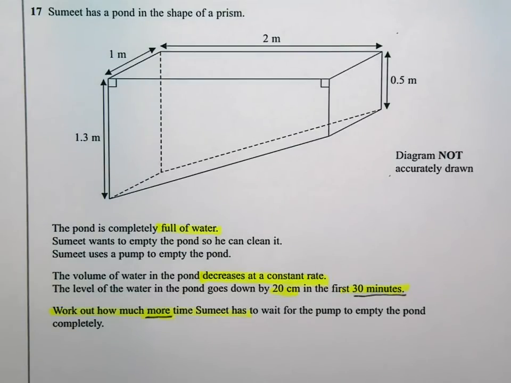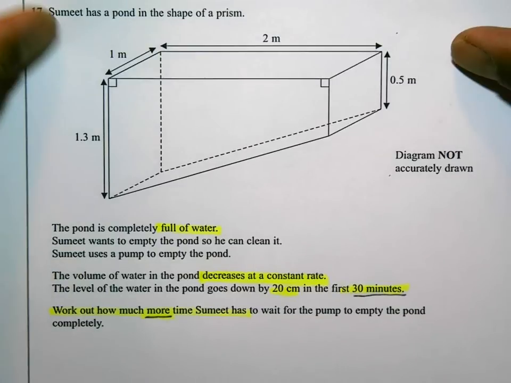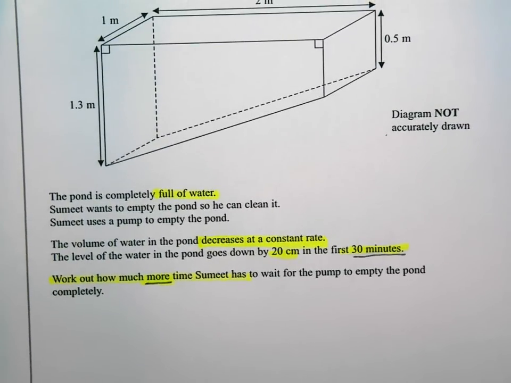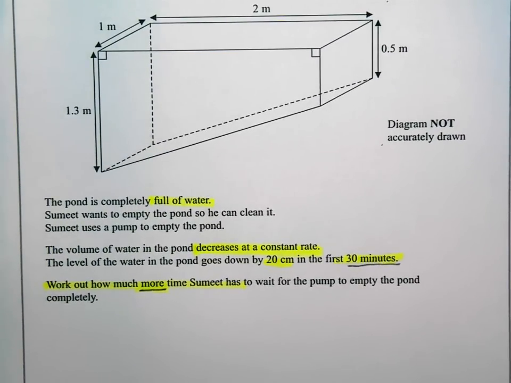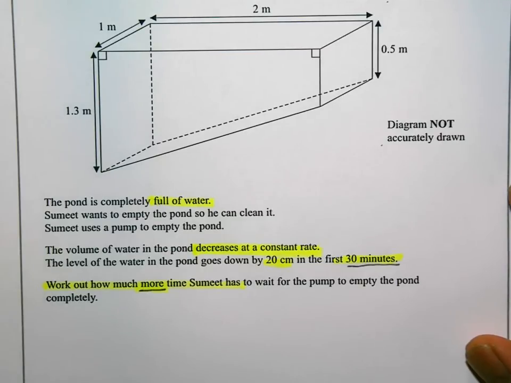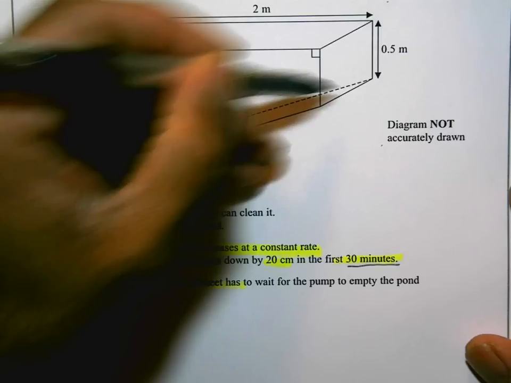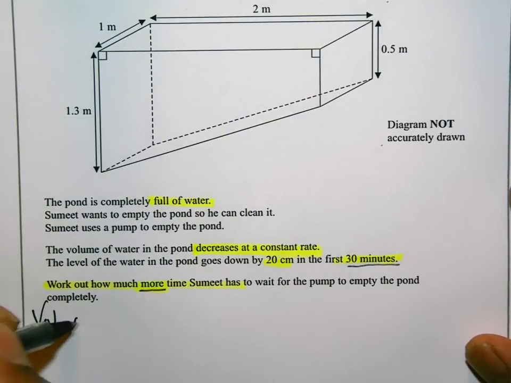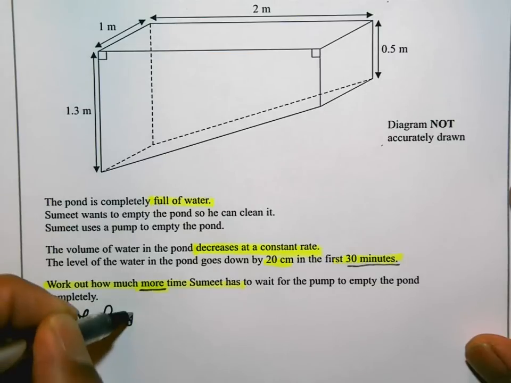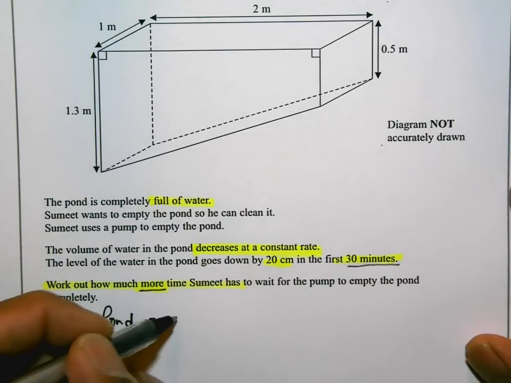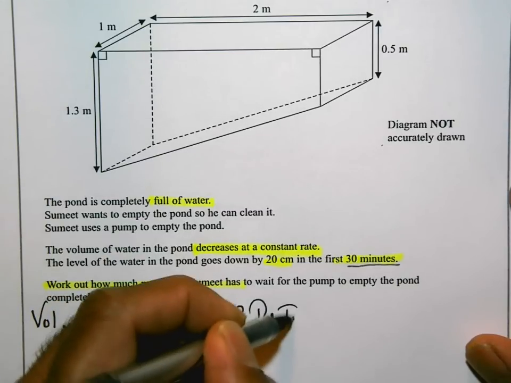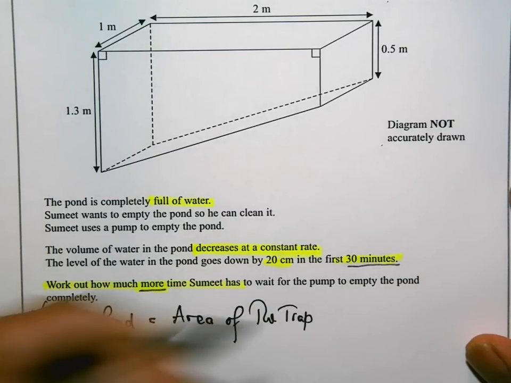The first bit is to work out the volume of the pond, and to do that, I'm going to use bits of this diagram. So the volume of the pond: I need to work out the area of the trapezium and then times it by the length.